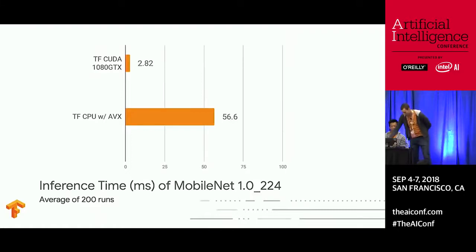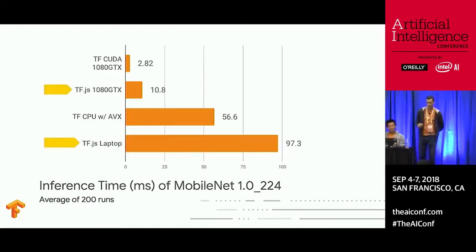So where do the TensorFlow.js benchmarks stand up? Well, it kind of depends. On that super beefy 1080 card, we were really close, about 11 milliseconds per inference time. The CPU, so running on this laptop, is a little bit slower. It's a little under 100 milliseconds per inference time, but that was still giving us that 15 to 20 frames per second, which allows you to still build interactive demos.